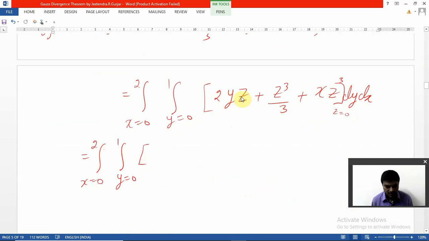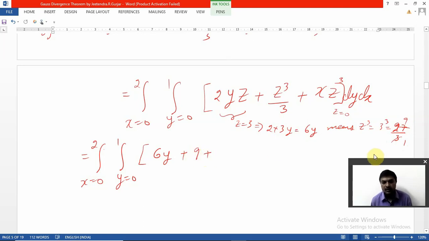When z is 3, 3 into 2 is 6y, so I substitute 6y directly, plus z cube, I take 3 cube, which is 27. 27 divided by 3, so directly I will take here 9.